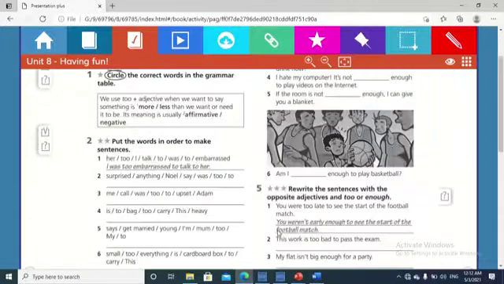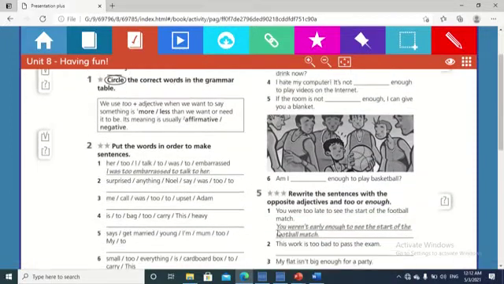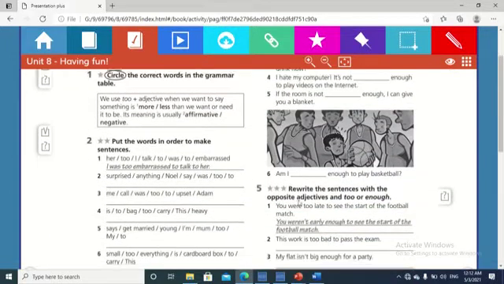What about number 5? Rewrite the sentences with the opposite adjectives and too or enough. So in this exercise, we need to decide which one we need to use. Is it too or enough? If we want to say that we have more than needed, this is too.